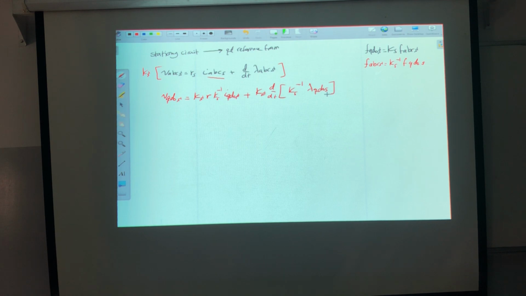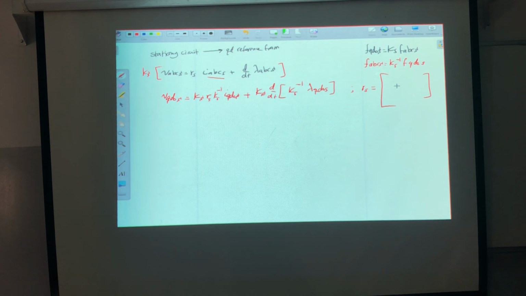Good? Now RS, do you remember RS? It's a diagonal matrix representing the per-phase resistance. So on the diagonal I will find RS, RS, RS, and the off-diagonal is zero. So it's actually RS multiplied by the identity matrix.